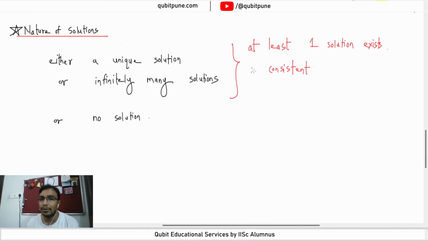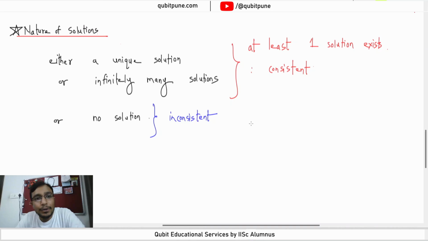All of them belong to the category of consistent systems. And if our system is inconsistent, then it doesn't have any solution at all.